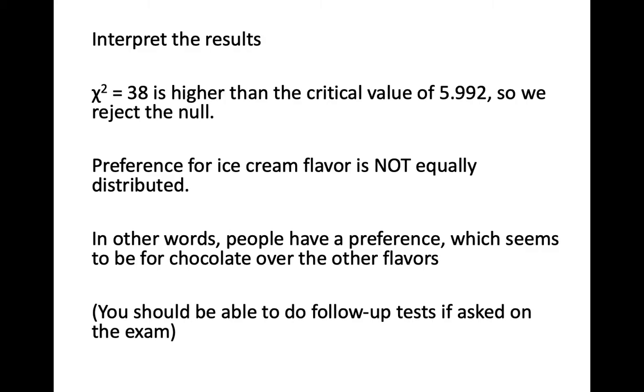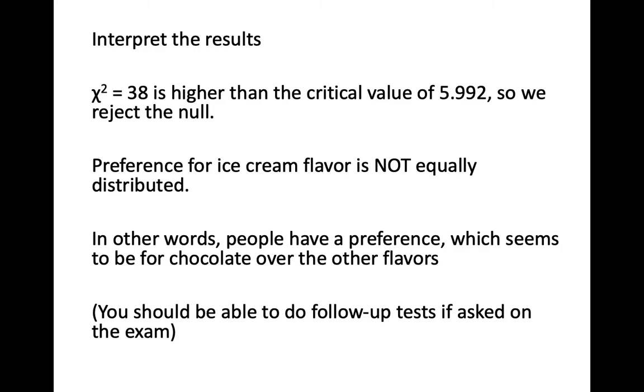However, there's a way to do follow-up tests to be able to say, is there actually a stronger preference than expected for chocolate versus strawberry, or for chocolate versus vanilla, or we could even compare vanilla versus strawberry if you wanted. It's possible to do a follow-up test, which you do by just calculating another chi-square, but you only use 2 cells from the table, just the 2 different levels that you want to directly compare.